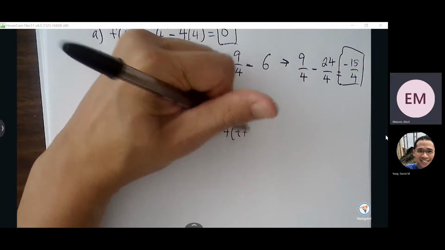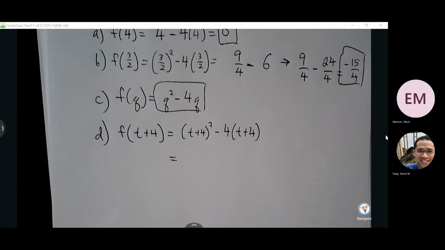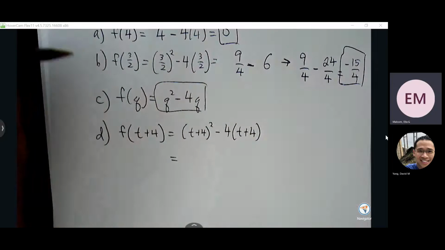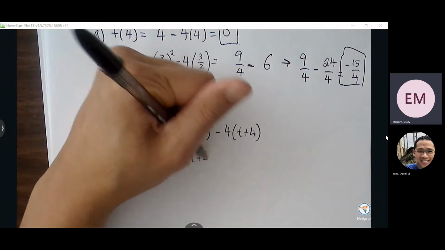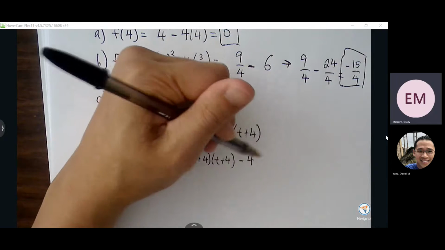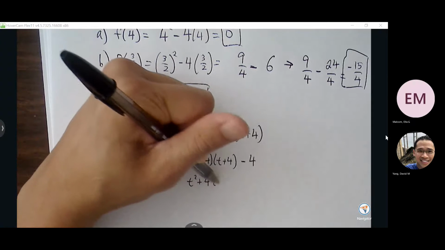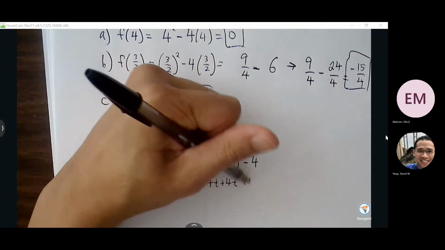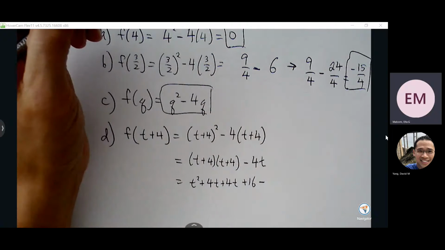Okay, let's clean this up. So could I do t plus 4 times t plus 4 minus 4t minus 16, and then that'd be t squared plus 8t plus 16 minus 4t minus 16. And then t squared plus 4t.